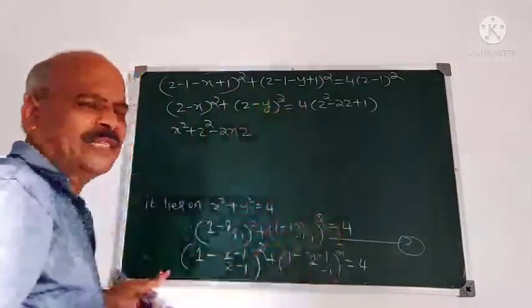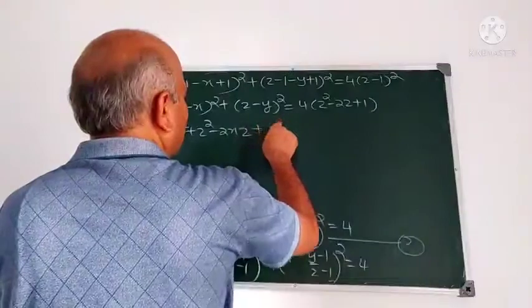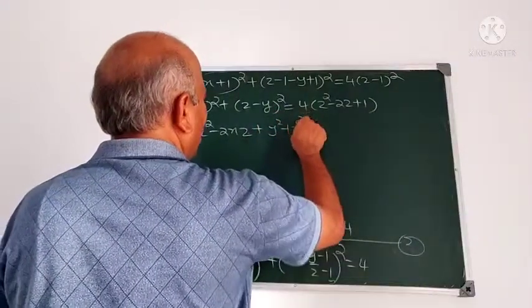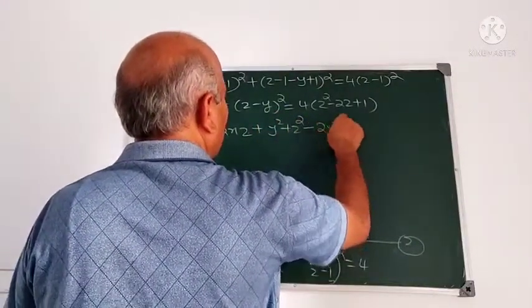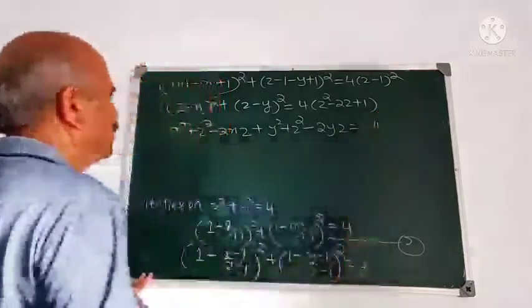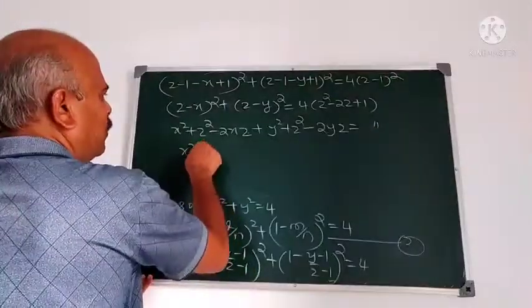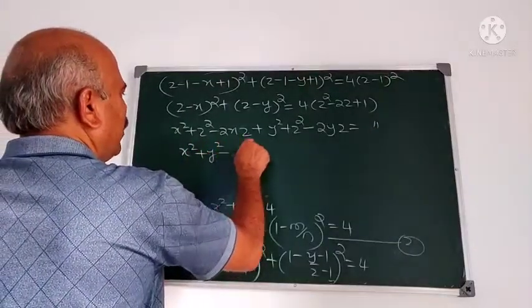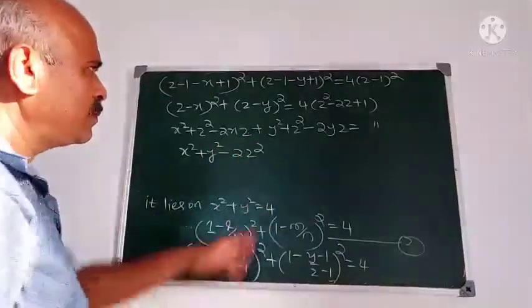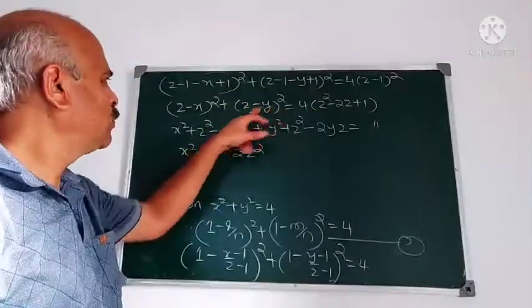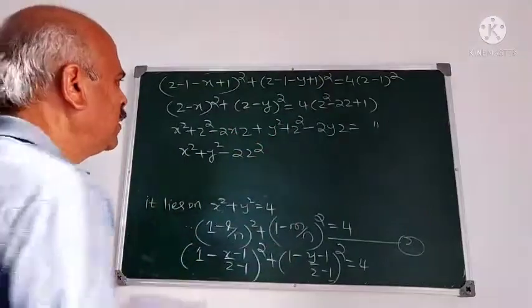Only simplification. Next step, plus y square plus z square minus 2yz is equal to this. Therefore x square plus y square minus 2z square plus 4 minus 2... Am I correct here?